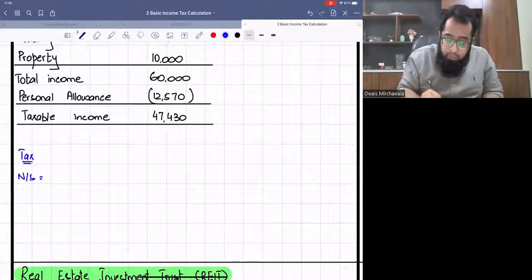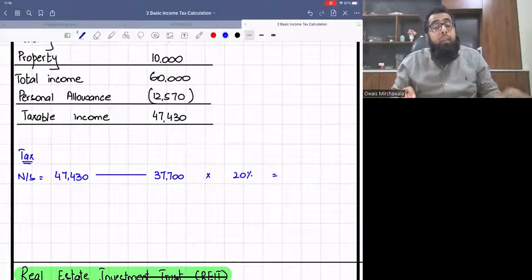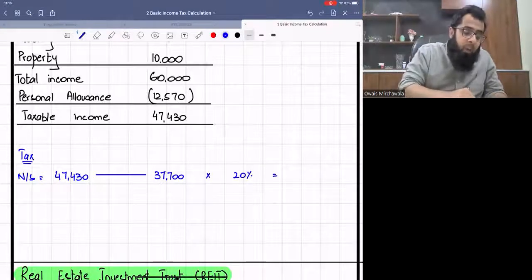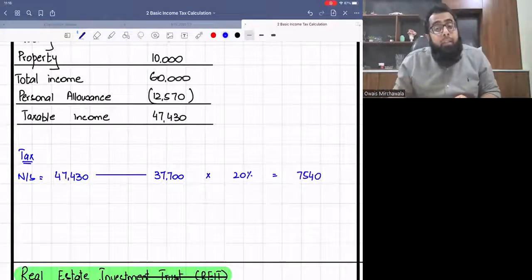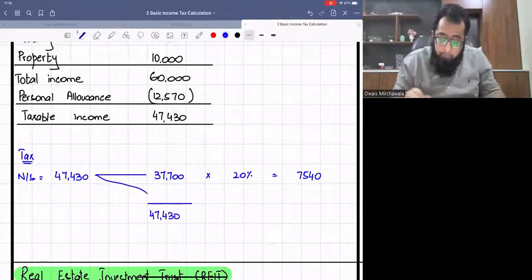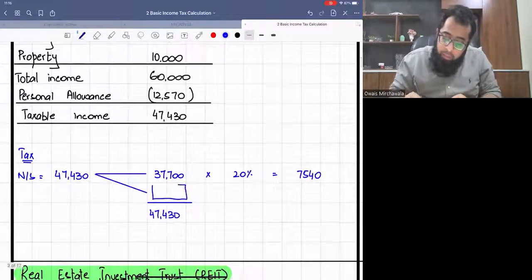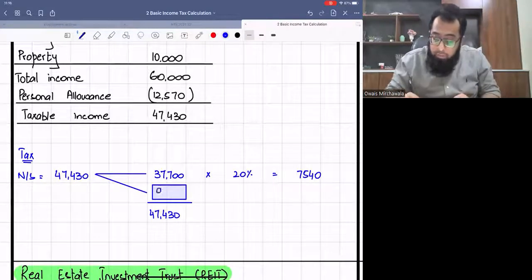Our non-saving income is 47,430. Till basic rate band of 37,700, the rate of tax is 20%. Now on the remaining income, because after 37,700, the rate of tax increases to 40%.